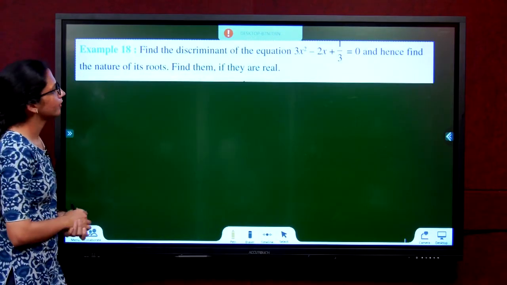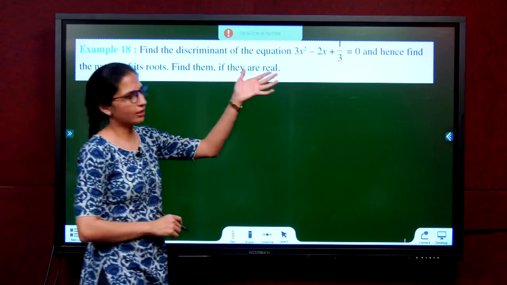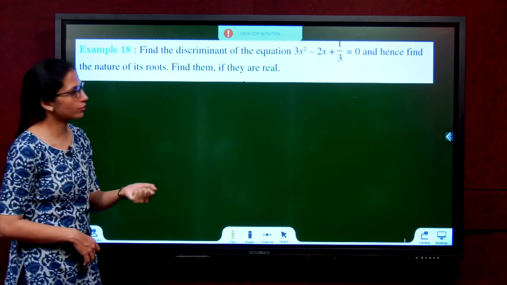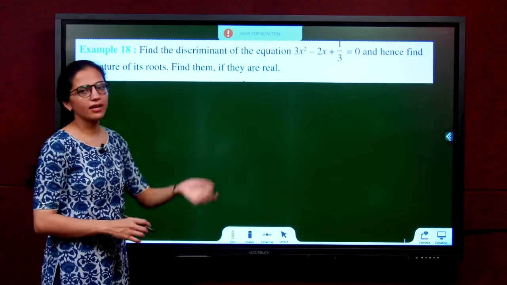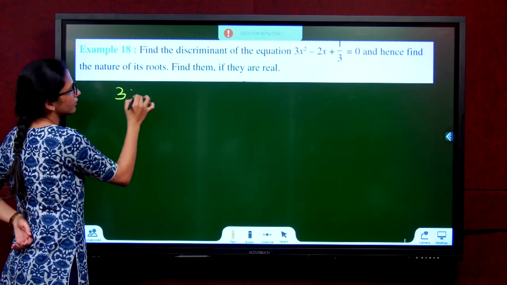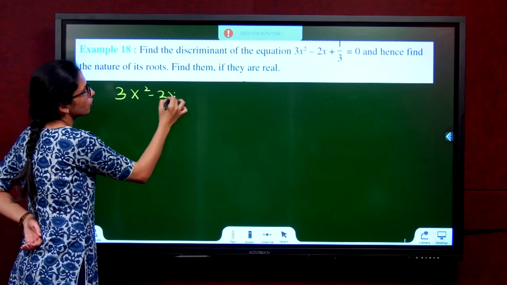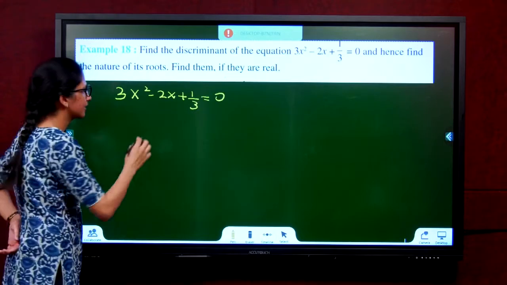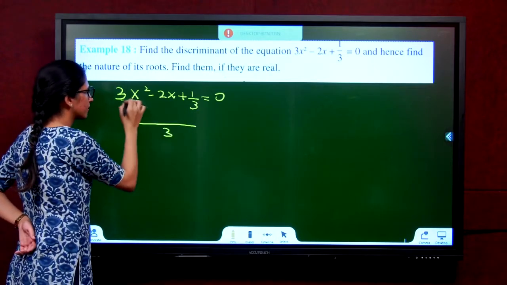Example 18. Find the discriminant of the equation and hence find the nature of its roots. Find them if they are real. Easy. So, take the equation first. 3x square minus 2x plus 1 by 3 is 0. What is the first step? Take the LCM. 3. This is 1, 1.